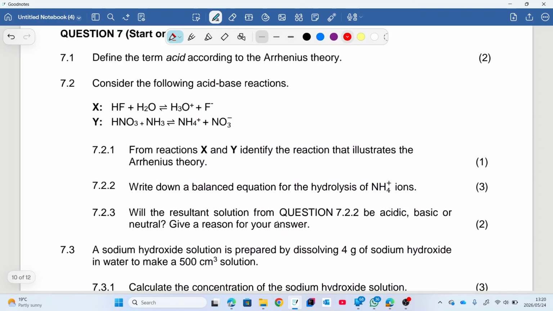Now, 7.2, they want us to consider the following reactions, the reaction X and reaction Y. From reactions X and Y, identify the reaction that illustrates the Arrhenius theory. So remember I said Arrhenius theory happens where? In water.